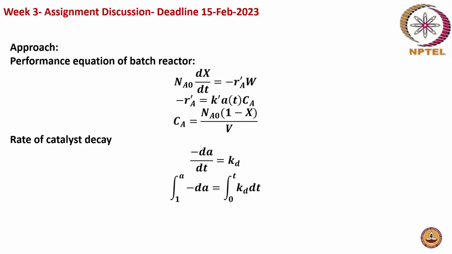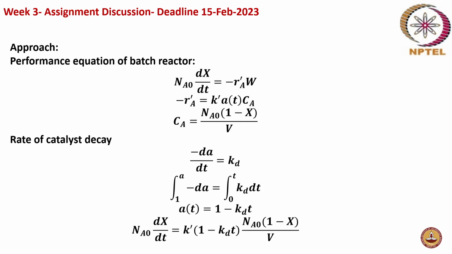Because the catalyst activity will start decreasing from 1 to some value over time. That is why the lower limit is 1 and the upper limit is some a. The right hand side is 0 to t. On integrating that expression, you will get activity a(t) equal to 1 minus Kd times t. This is just normal integration, right?